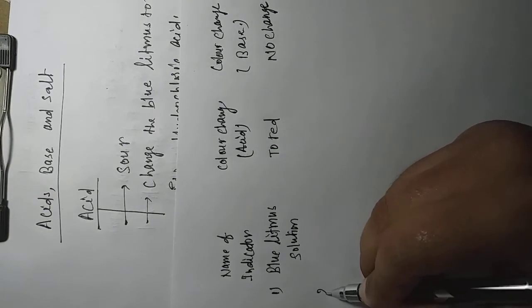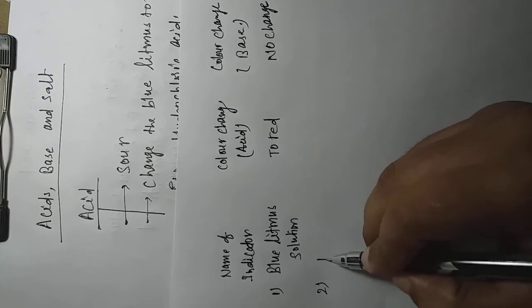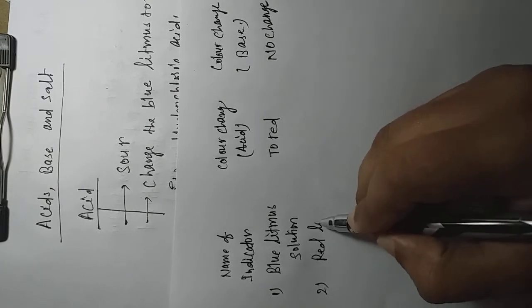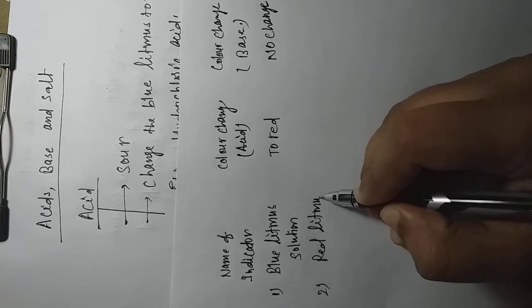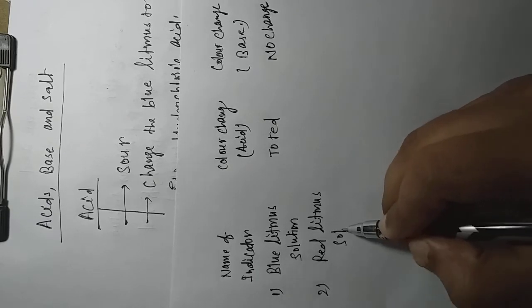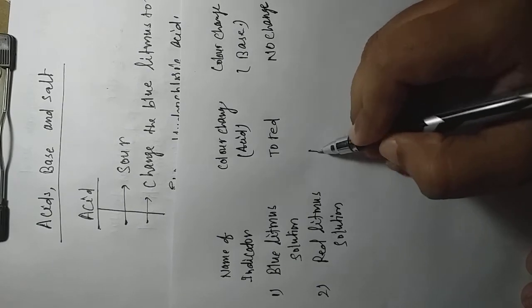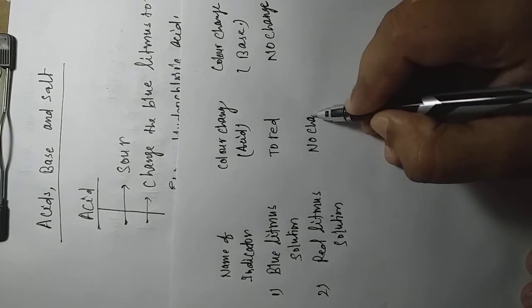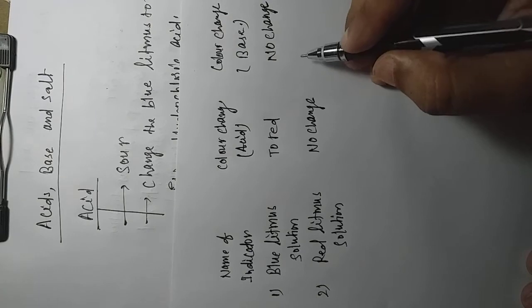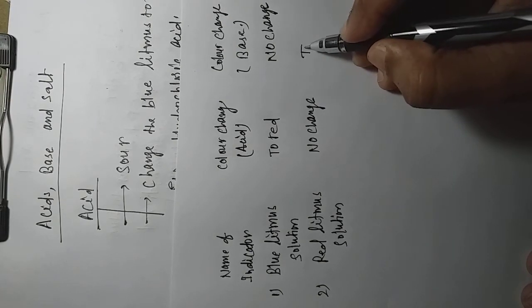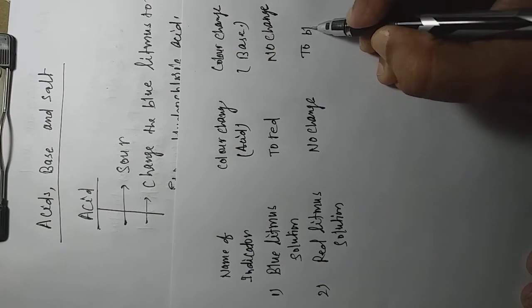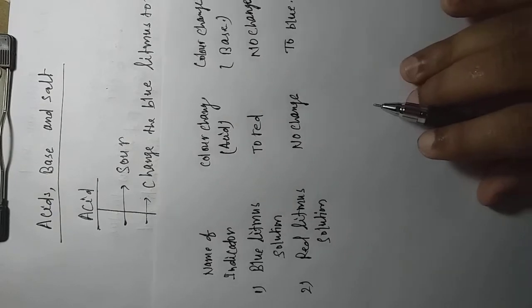If you take red litmus solution, again we are getting no change in acid, as we saw in the previous example, and in base it changes to blue, right?